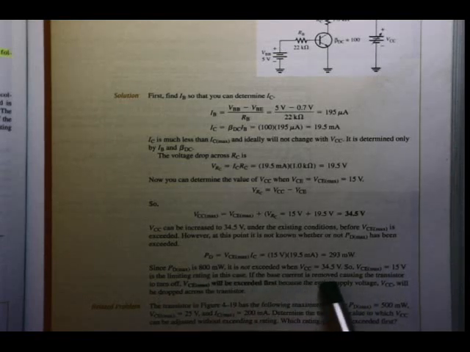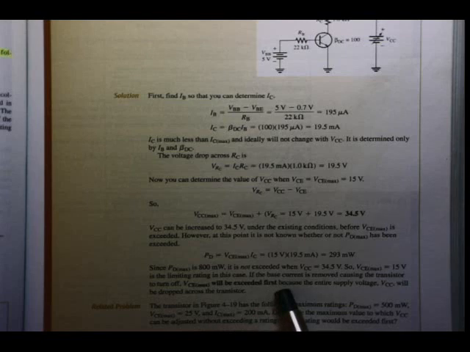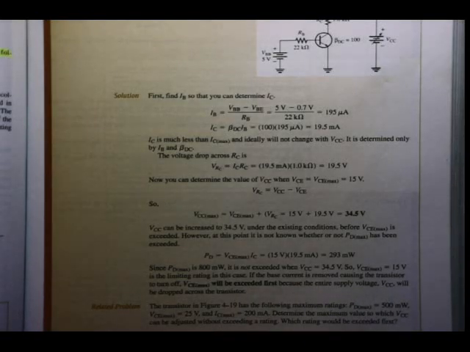If the base current is removed, causing the transistor to turn off, VCE max will be exceeded first, because the entire supply voltage, remember now, if the base current is removed, it means that the transistor goes into cutoff. The transistor now acts as a switch which is open. When the switch is open, I have to measure the voltage across VCE.